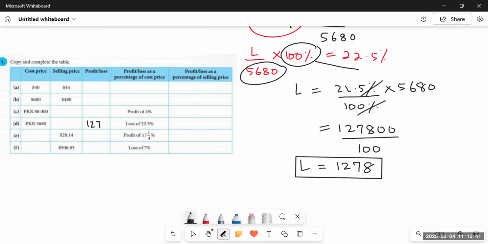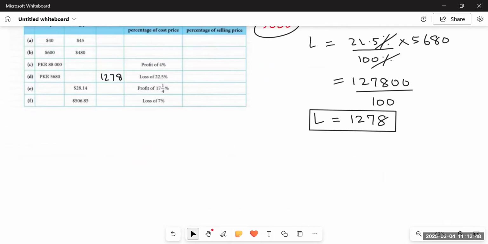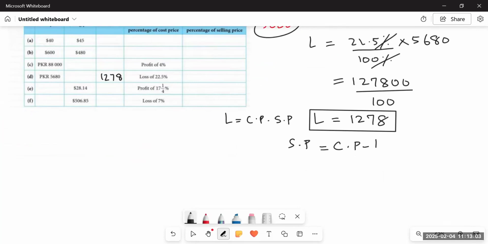Now, since there is a loss, it means the selling price is less than the cost price. So what will we do to find out the selling price? We know that loss is equal to cost price minus selling price. It means selling price in this case is equal to cost price minus loss.